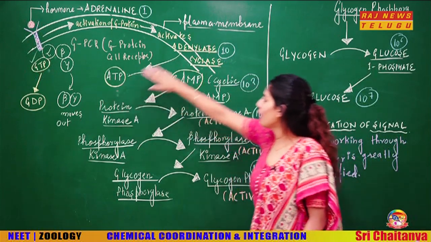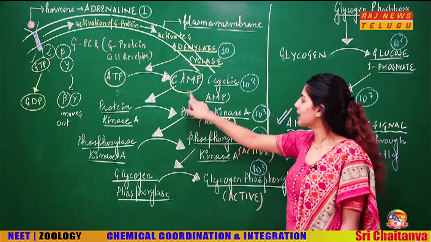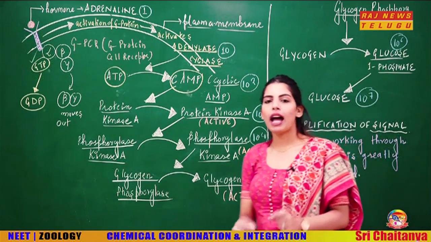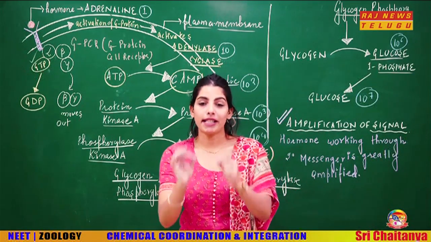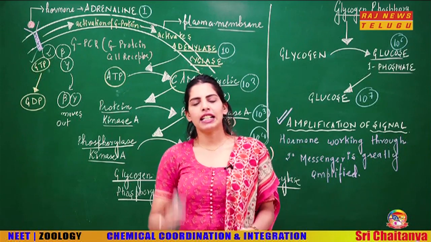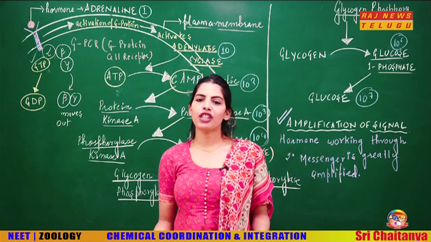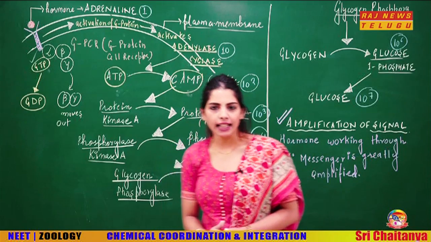And this conversion of ATP into cyclic AMP, this cyclic AMP is going to act as a secondary messenger. Now just see one by one what are the different reactions taking place inside the cell.